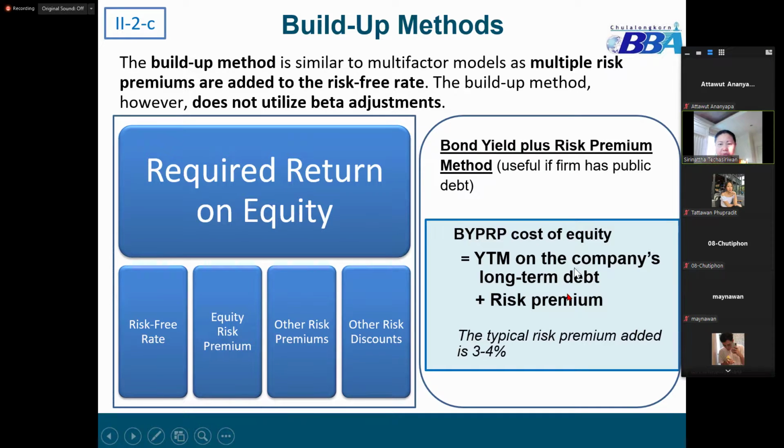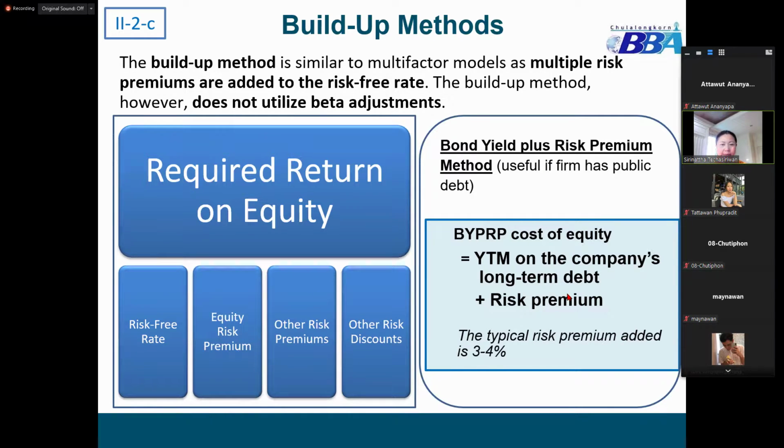So when you want to estimate a company's cost of equity, you can look at the cost of debt of the company, because the yield to maturity of the company's long-term debt is supposed to reflect its cost of debt. And we know that equity is supposed to have higher risk than debt, right?